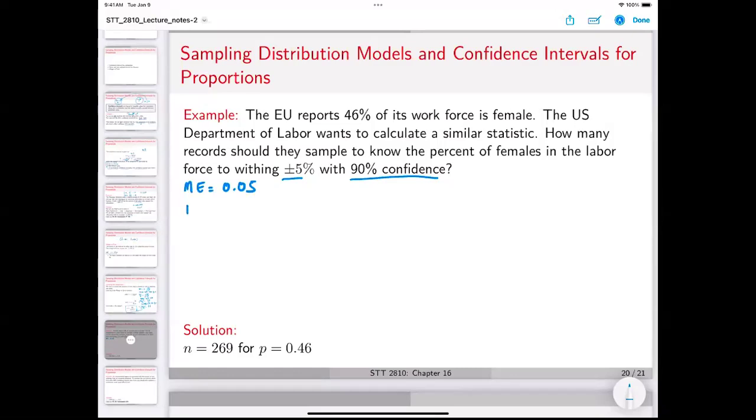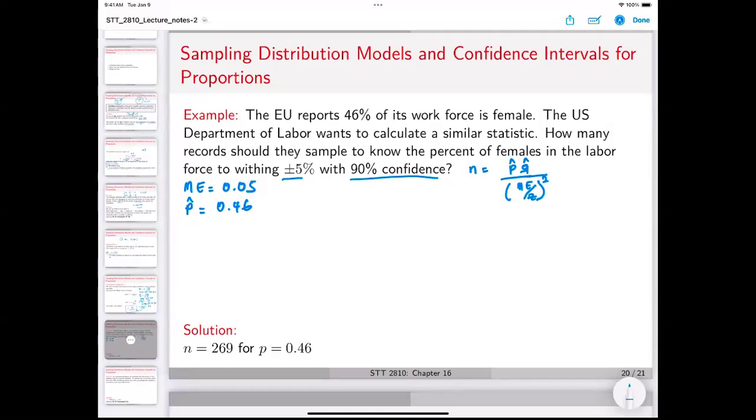So margin of error is 0.05. What is our p hat? Our p hat is 0.46. Okay? Now, remember the formula is what? N equals p hat Q hat all divided by margin of error over Z all squared.